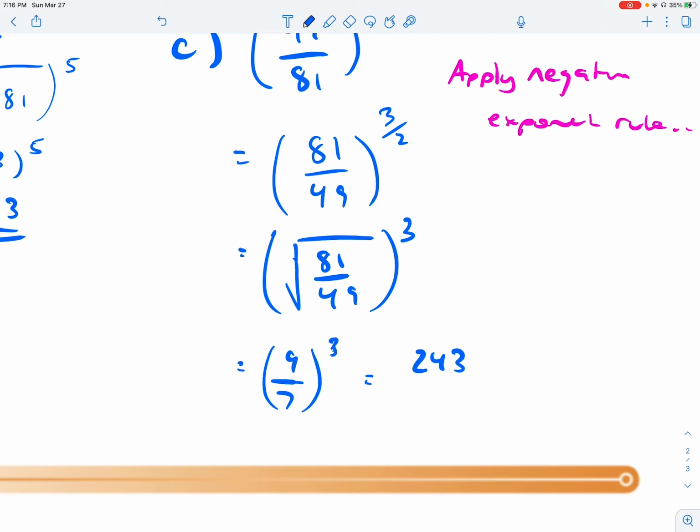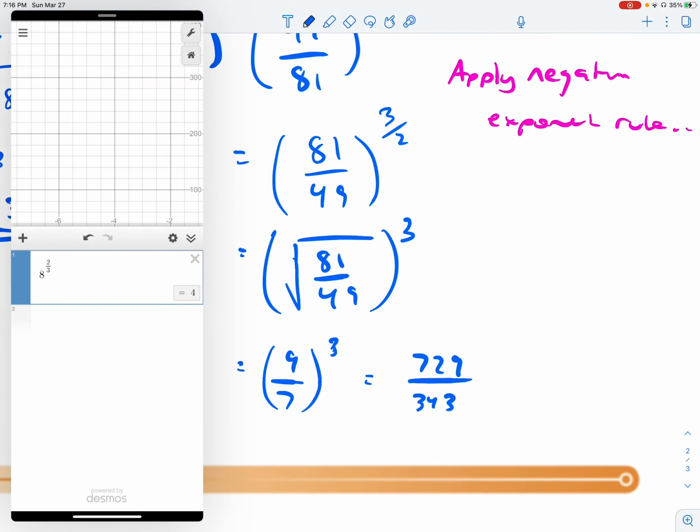No, that's not 243, it's bigger than that. It's 729, because we have 81 times 9, which is 729. 7 cubed: 7 times 7 is 49, times another 7, almost 350. We got 343.